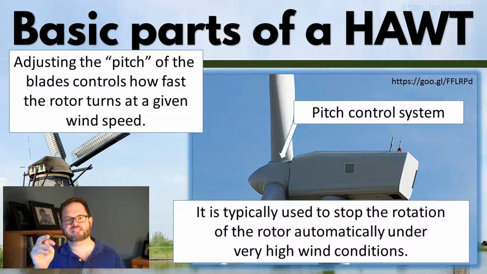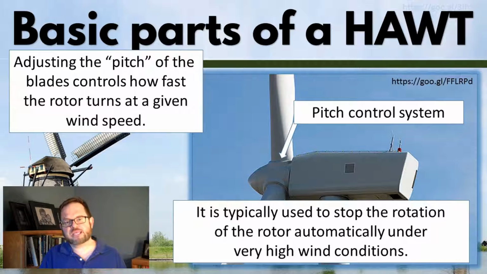Feather, F-E-A-T-H-E-R. To feather the pitch of the blades so that even though the speed of the wind is increasing, the speed of the turbine is not increasing. And in fact, if the wind speed gets too high, we can completely feather the blades so that they're not turning at all.